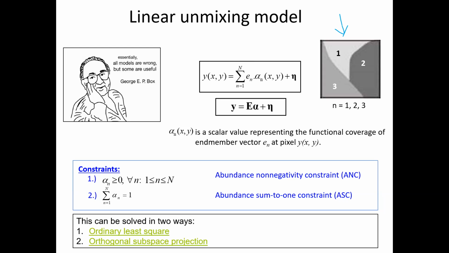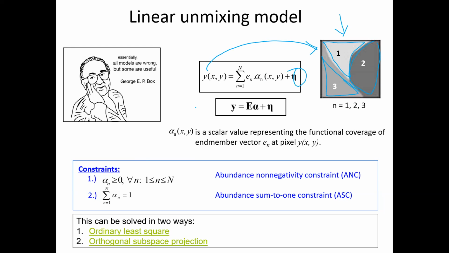How? Here y is the digital number of this particular pixel at location x comma y, which is equal to the summation of the product of reflectance of class 1 into area of class 1, reflectance of class 2 into area of class 2, and reflectance of class 3 into area of class 3, plus some random noise eta. On this we impose two constraints.